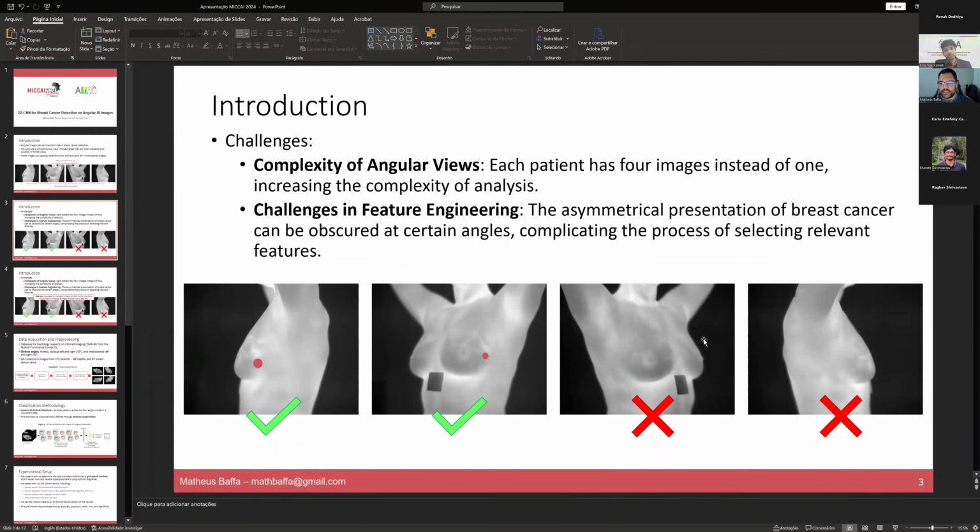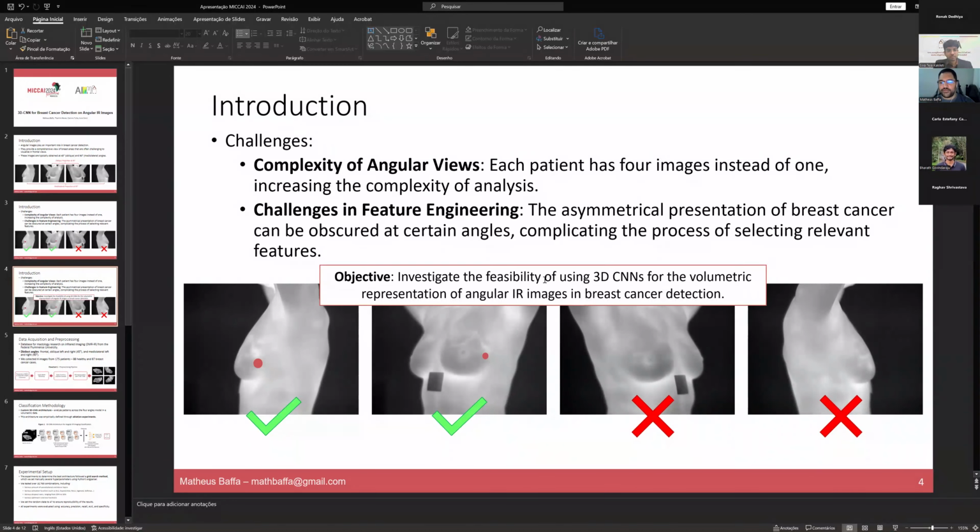And after the selection process, the model might train over images that don't have the disease, but have the label of sickness. So it has this problem using manually extracted features.